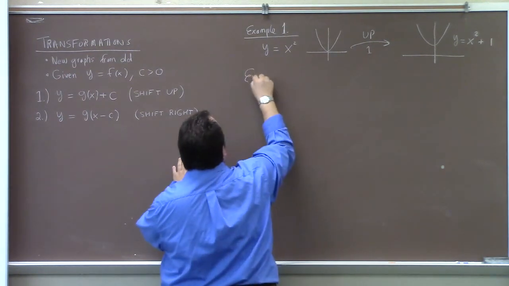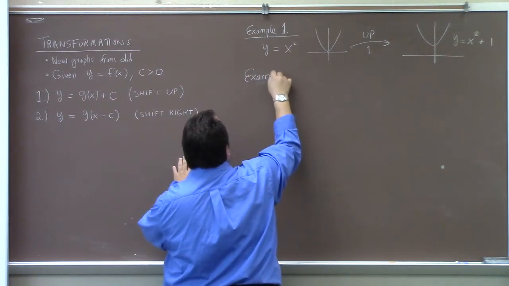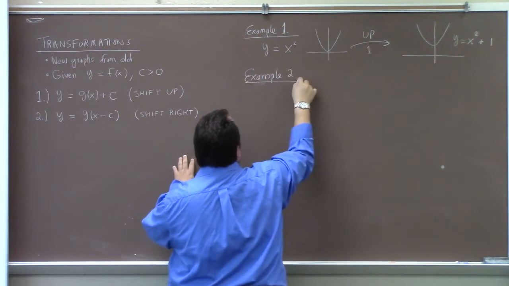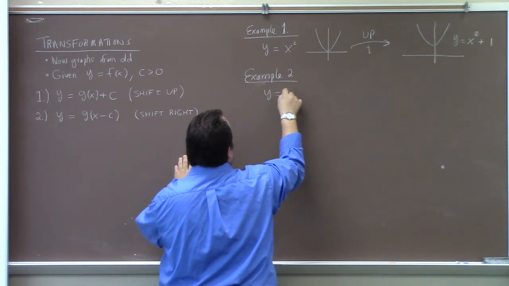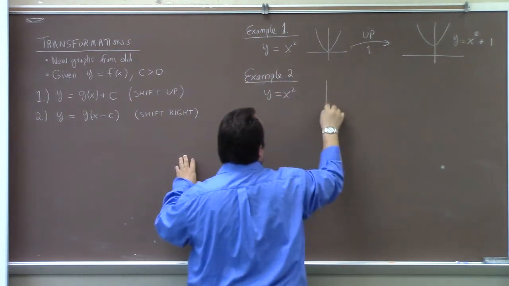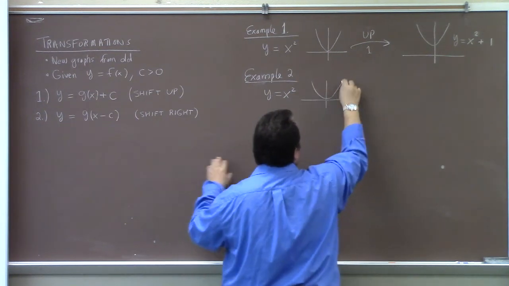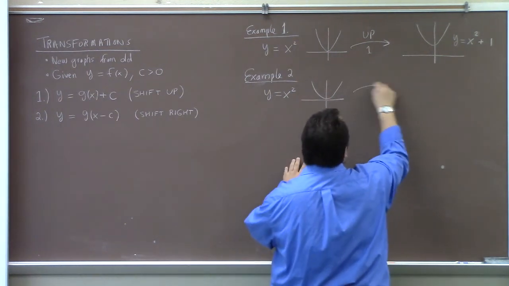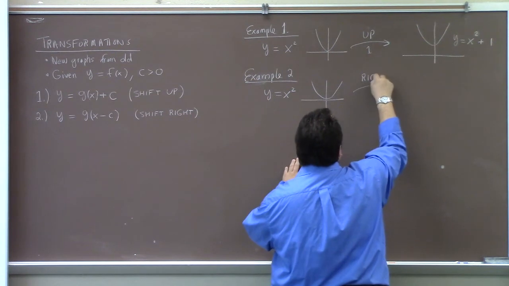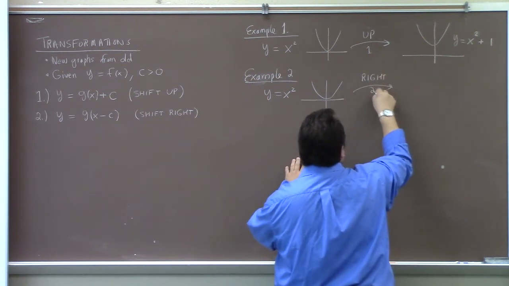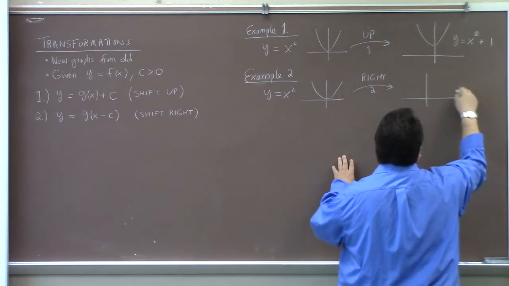Example 2, what happens if we take the same y equals x squared, which looks like this, right? And we go right 2. That would be over here, right?